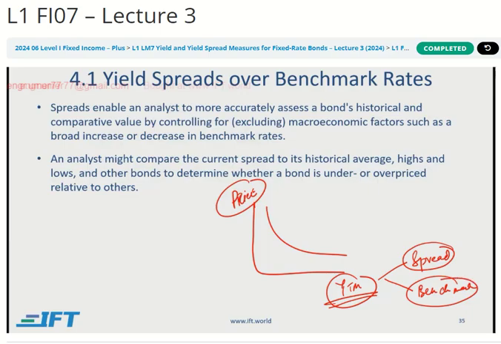So what I really want to know as an investor in this bond is, how much of my bond price is sensitive to changes in macro factors, which obviously would create changes in the benchmark rates, and how much of my bond's price is actually sensitive to changes in company specific factors. Because my spread is going up or down, and that is why my bond price can go down or up.